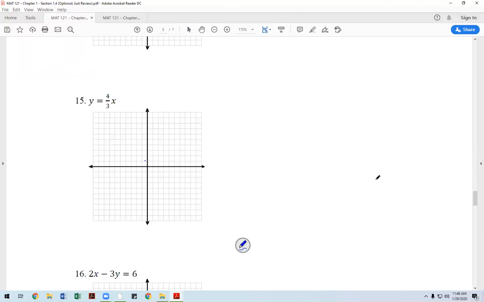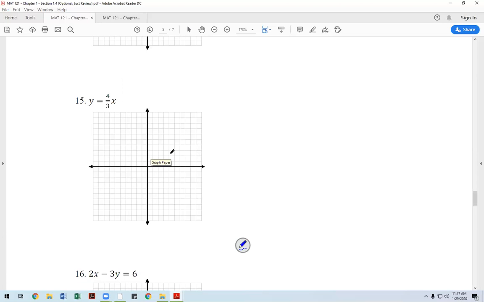So for this graph, you will start at the origin 0, 0, and this is a positive slope. So where would we go? Up 4? Very good. Yeah, so start at 0, 0 as your y-intercept, and then you would go up 4 and right 3, or you can also go down 4 and left 3, but you would still be on the same line.